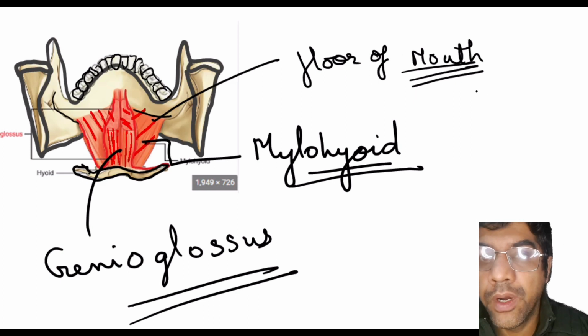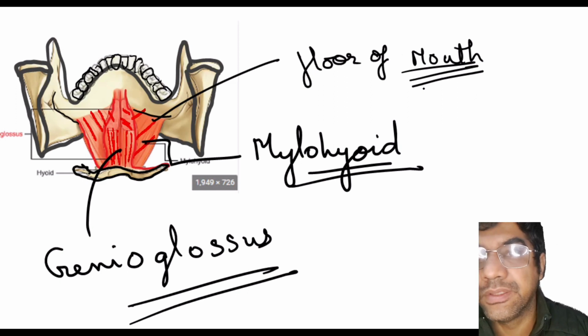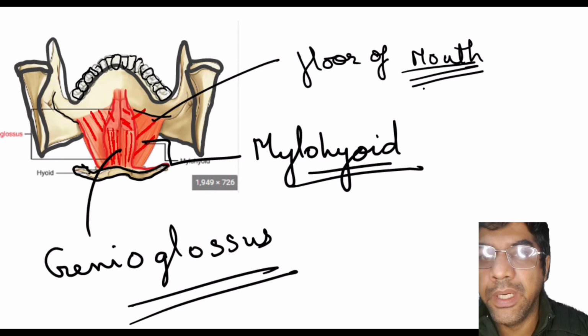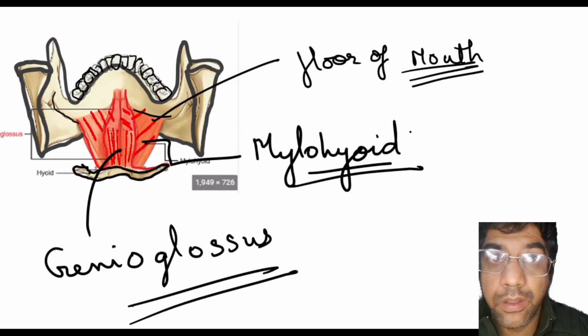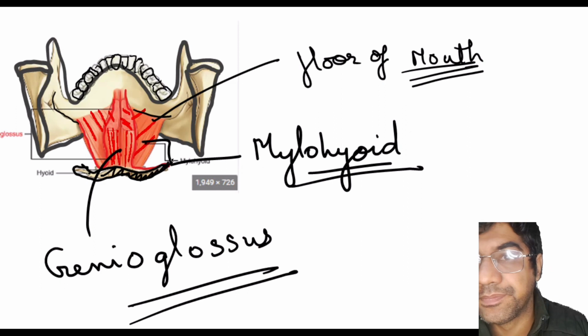There are two mylohyoid muscles, deep to the digastric muscle. The fibers run towards the middle and slightly downward. The posterior fibers connect to the body of the hyoid bone, and the middle and anterior fibers attach to the median raphe between the jawbone and the hyoid bone. So this one is the insertion.